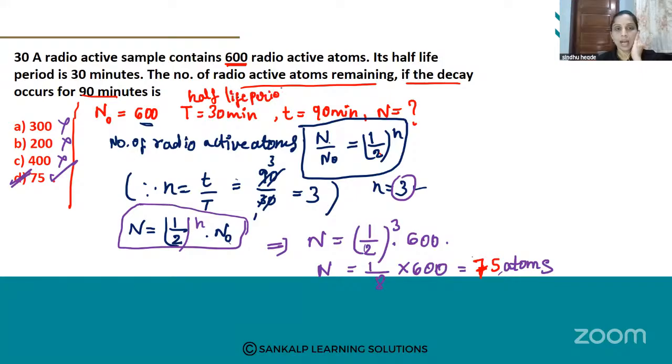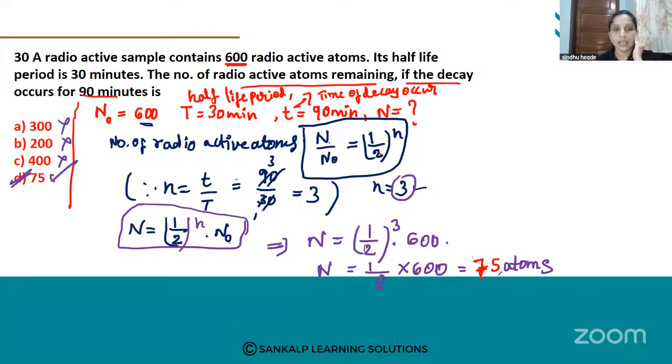Capital T is the half-life period, but small t we take as the decay occur time. Time of decay occur. Don't get confused here. Small t and capital T are different. So n gives the ratio of the time of decay divided by the half-life period.